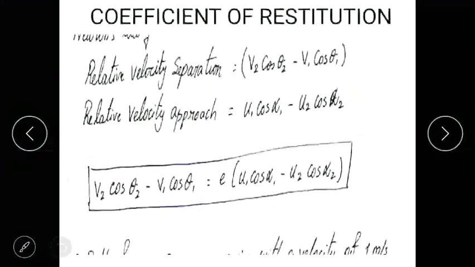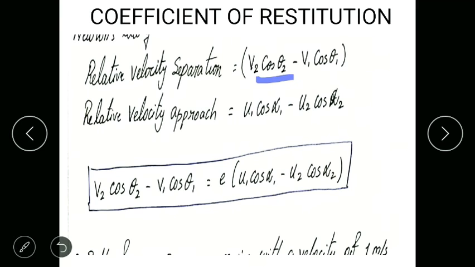Then we consider the coefficient of restitution for the two masses undergoing oblique direct impact. The relative velocity of separation, considering the horizontal component alone, is v2 cos theta 2 minus v1 cos theta 1. The relative velocity of approach is u1 cos alpha 1 minus u2 cos alpha 2.